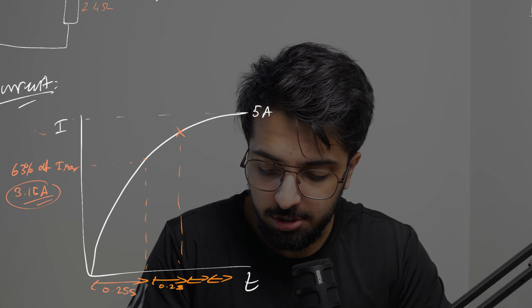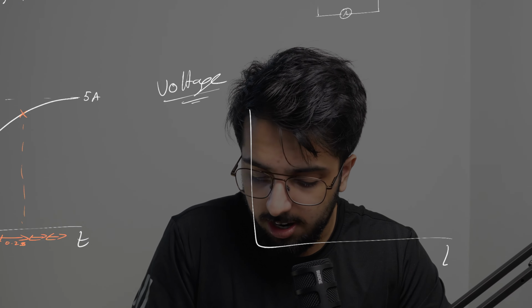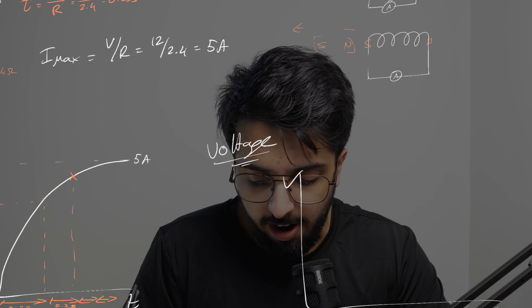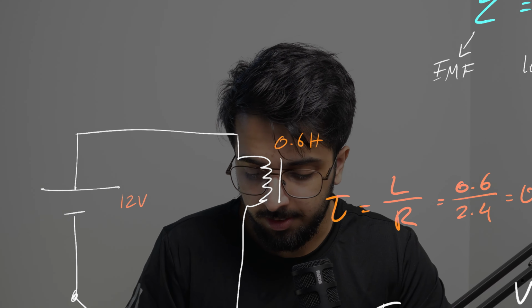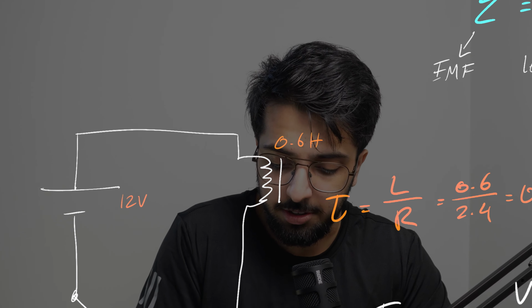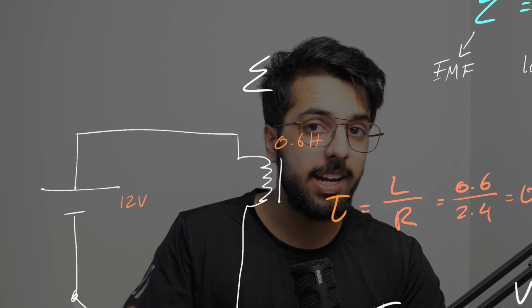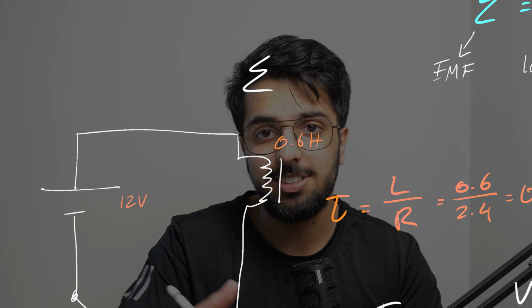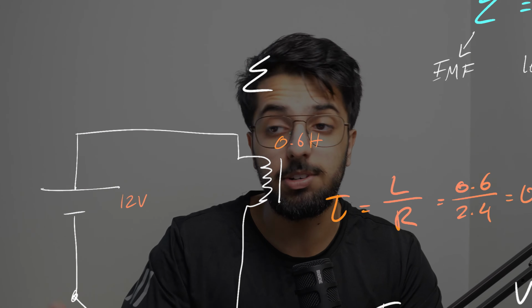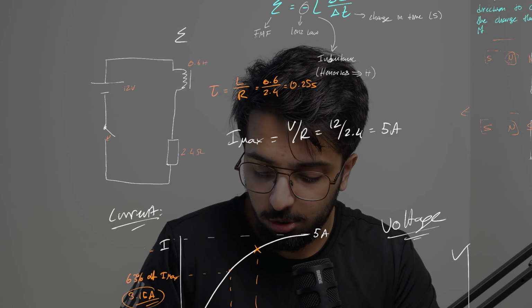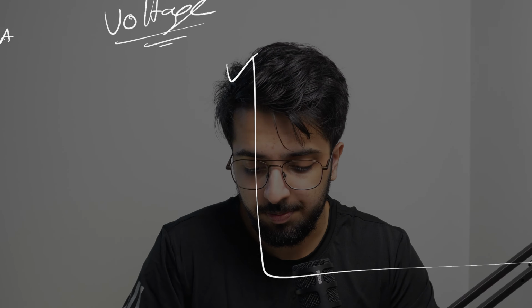As for our voltage, again, we have our graph where we have time and voltage. The voltage of our inductor initially is going to be max. This is our back EMF, and initially it is going to be the greatest, because that's when our rate of change of current is the greatest. So we start off with a max value.